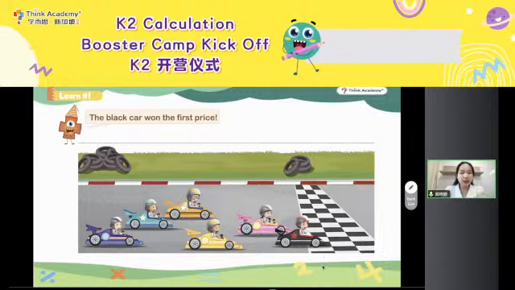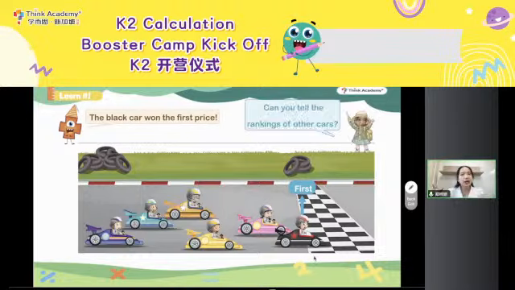So, can you tell the ranking of the black car? It is the first car, right? But can you tell the rankings of any other cars? I want you to speak out on your side of the screen. What about this pink car?